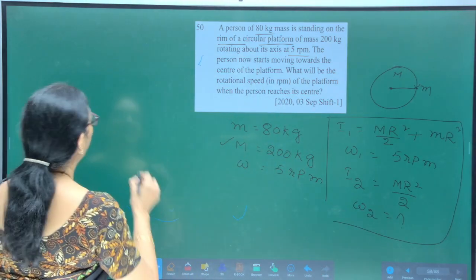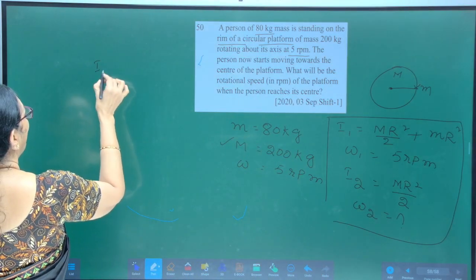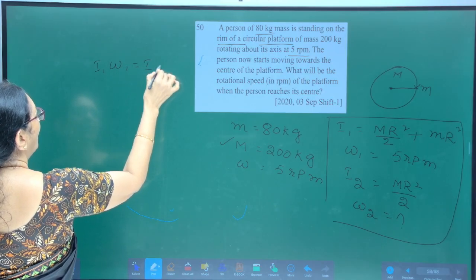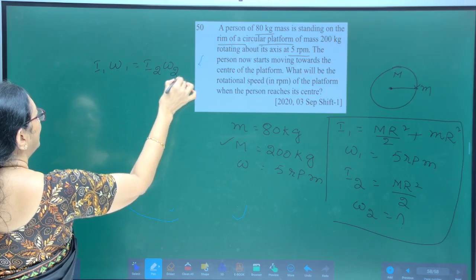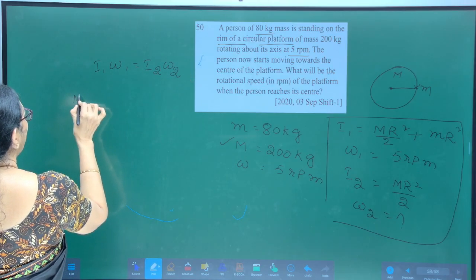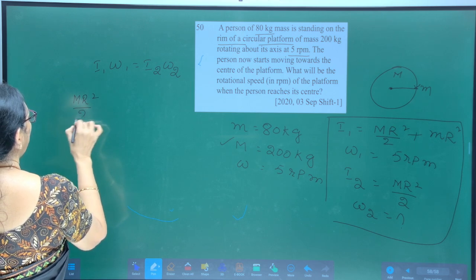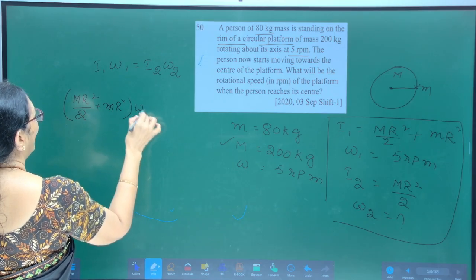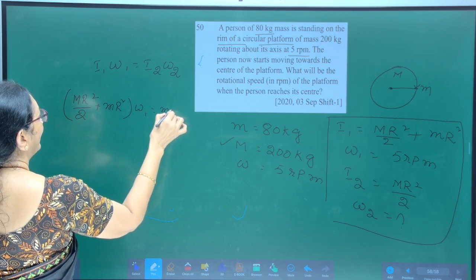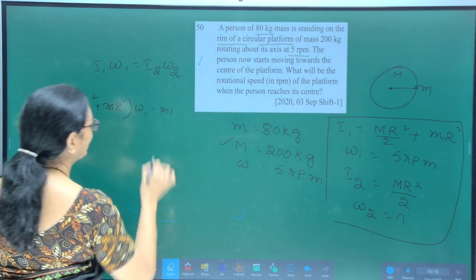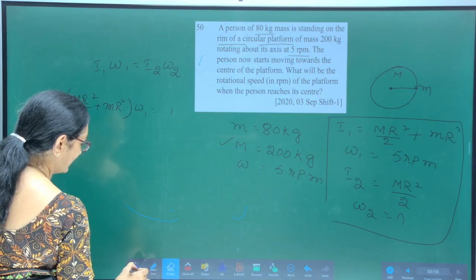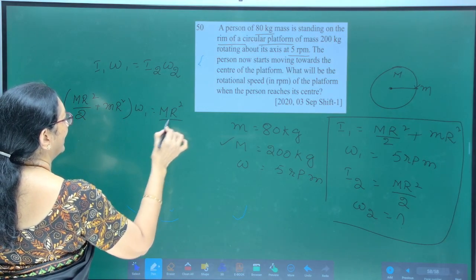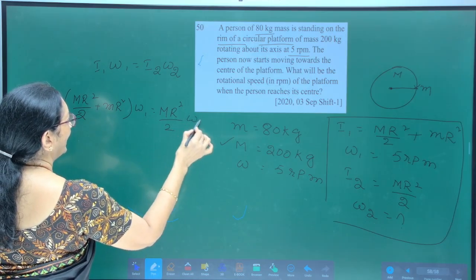So from the law of conservation of angular momentum, I1 omega 1 is I2 omega 2. I1 is mr square by 2 plus mr square, into omega 1, is equal to mr square by 2, because only the circular disc's moment of inertia remains, that is I2 omega 2.